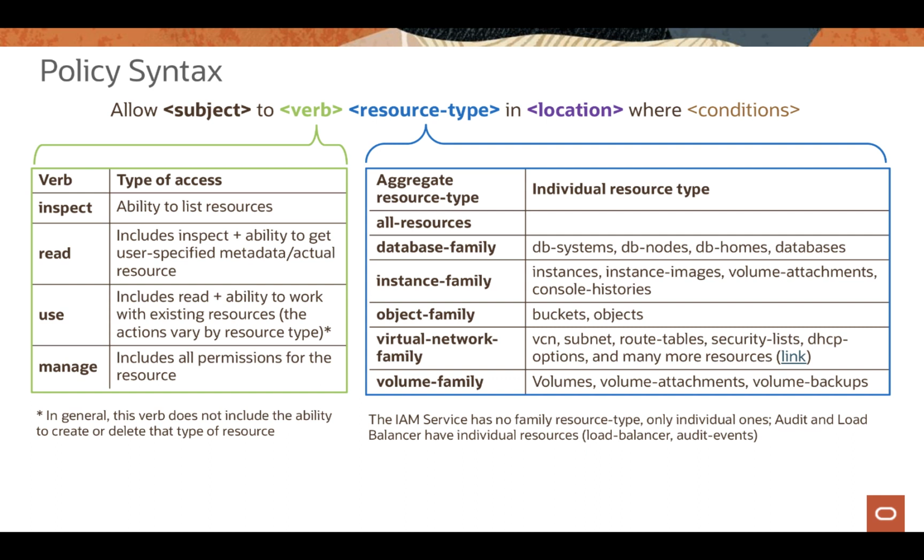Inspect gives you the ability to just list the resources, manage includes all the possible permissions, and read and use are in between inspect and manage. You can only put one verb in one policy statement. You can have multiple statements in a single policy document, but for each statement you can only put one verb.